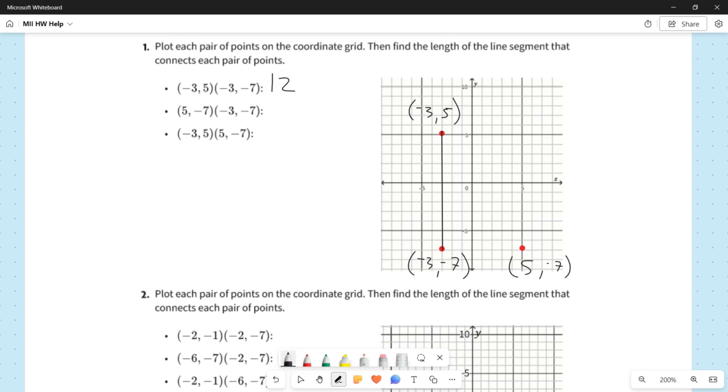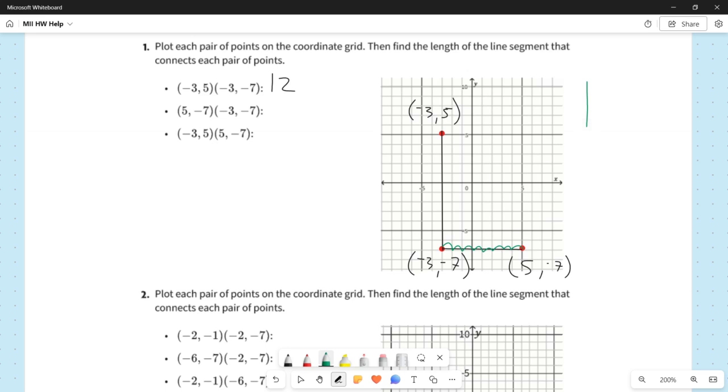Now, if I want the length from 5, -7, which is in the bottom right, to -3, -7, which is in the bottom left, we're talking about this length right here. And notice that that is a horizontal line. It's just going left and right. And so again, I can just count the boxes. So here, if I want this length, we'll count 1, 2, 3, 4, 5, 6, 7, 8.